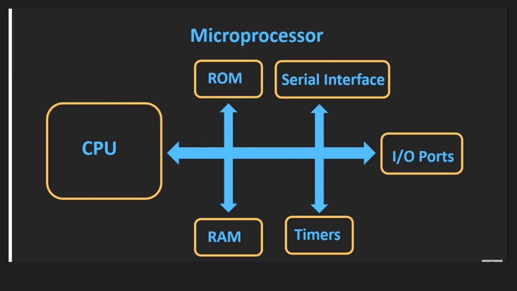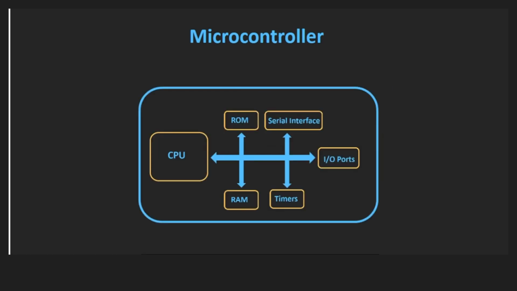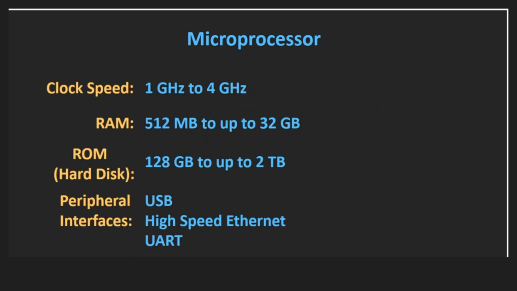That is the microprocessor. Coming to the microcontroller, it is like a single integrated chip. The CPU as well as all other peripheral systems are integrated on a single chip, designed for performing a specified task.